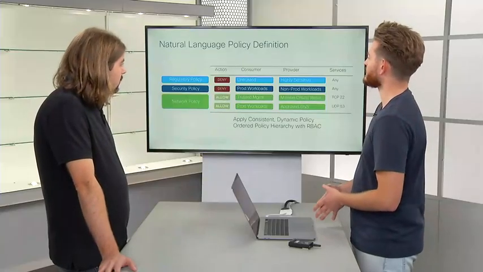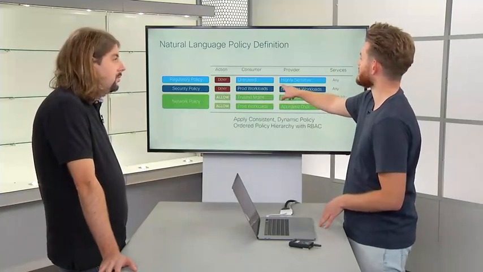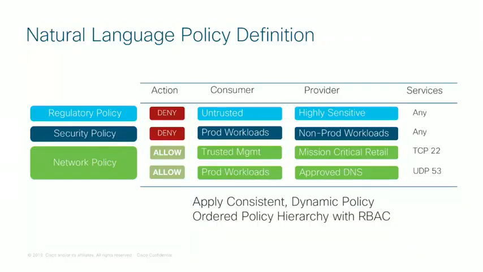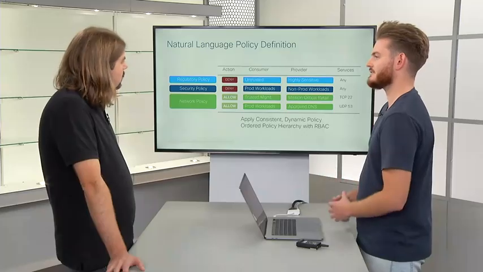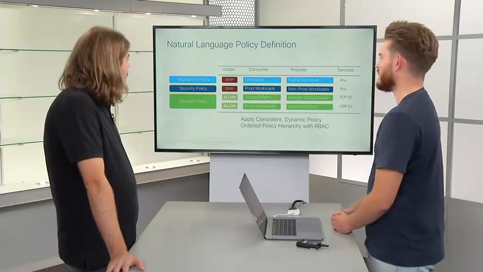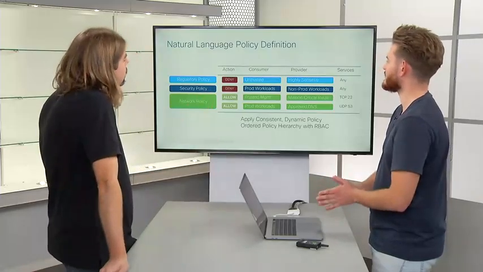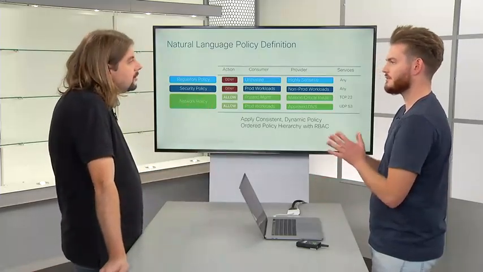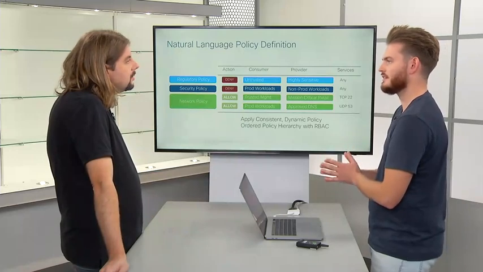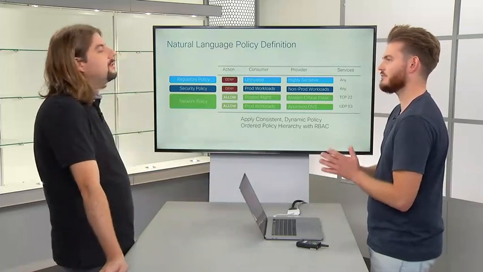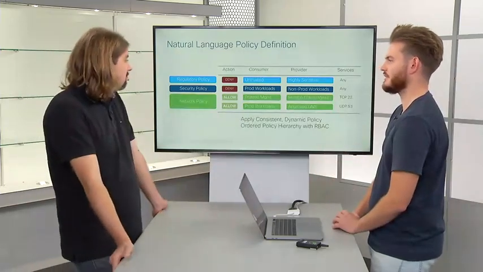You know, here we have an example where we're saying there's a regulatory policy that says untrusted may not access highly sensitive workloads. That's going to be merged, and we'll talk about that later, with the application-specific policies. And so that's where you use those tags and notations you were talking about before. That's kind of the logic, right? Yeah, the logic around this is to be able to use identity to build policies in a human-readable way and have Tetration work out exactly what needs to be controlled to fit those policies. Okay.